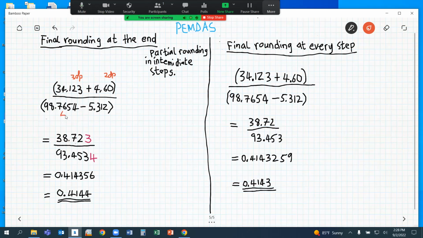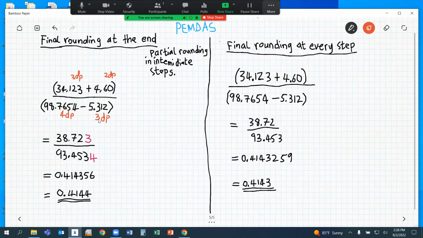98.7654, we have 4 decimal places there. And 5.312, we have 3 decimal places there. So the minimum in the denominator is 3 decimal places. Enter this subtraction in your calculator, and you are going to have 93.4534 and so on.